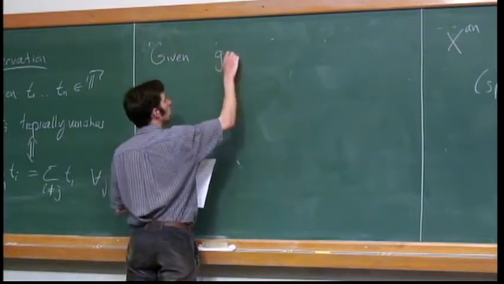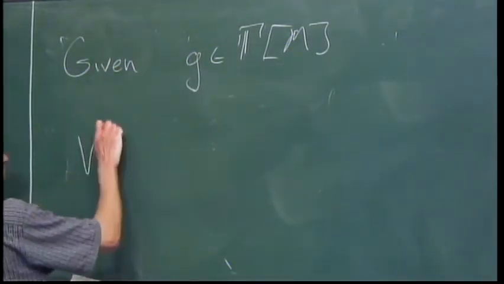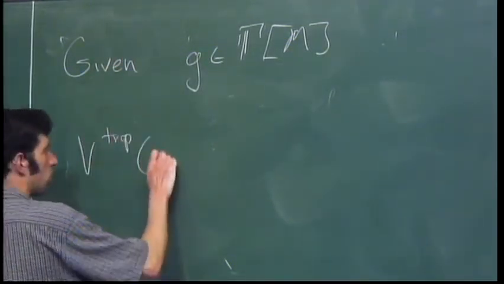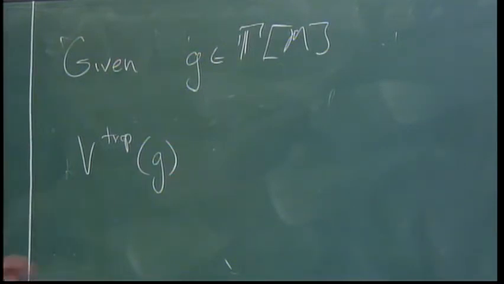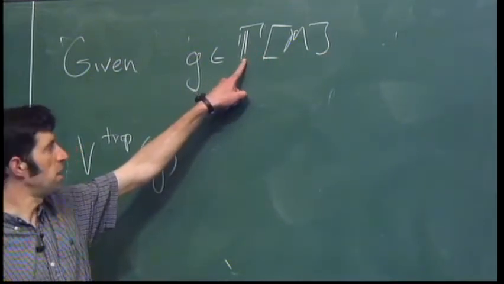So given a tropical polynomial G, V trop of G, the tropical hypersurface of G. So I define this for you over there. It's the set of all monoid homomorphisms from M to the multiplicative monoid of T, such that the maximum of the terms is attained at least twice. It tropically vanishes.